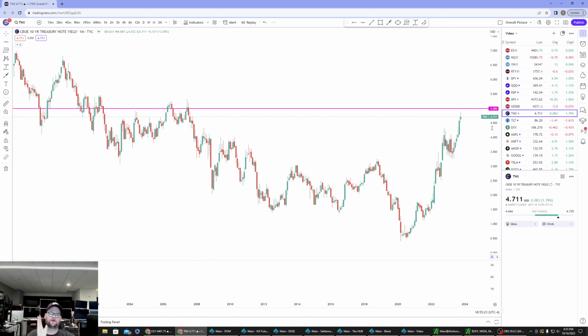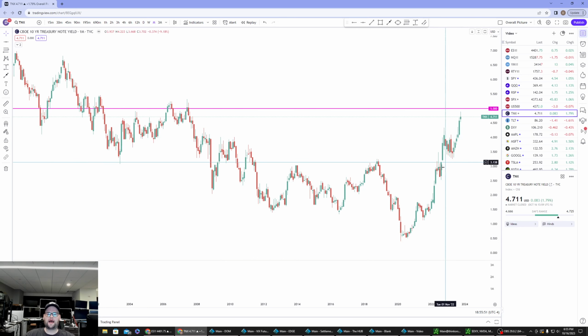So the higher yields go, the more appealing it is for investors to take money out of the stock market and put the money into high yield savings accounts. By pulling money out of the market, that sets up for more selling pressure as these folks need to get out of their stock holdings and liquidate their money.